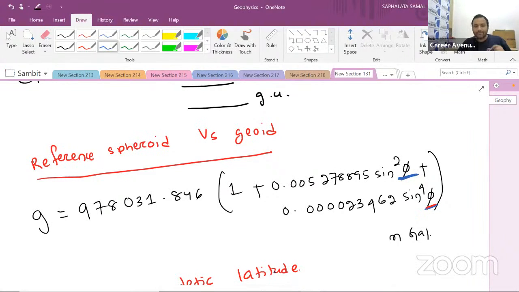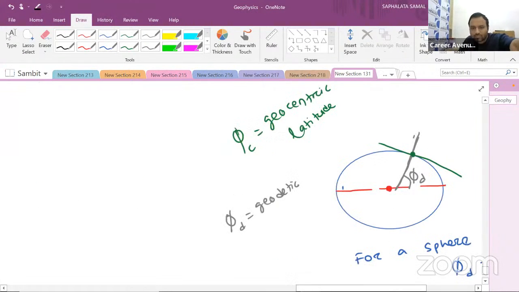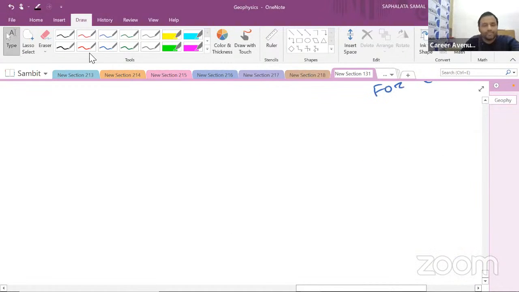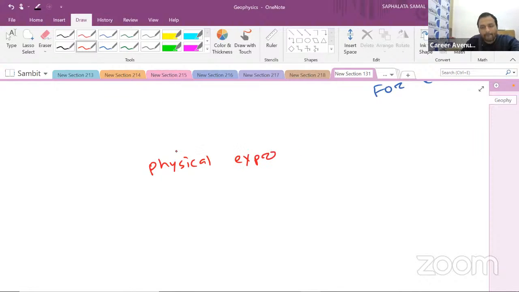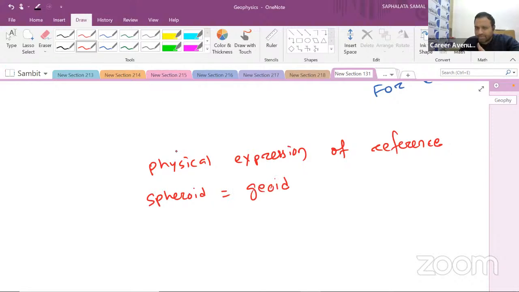The physical expression of the reference spheroid is my geoid, for example, the mean sea level.